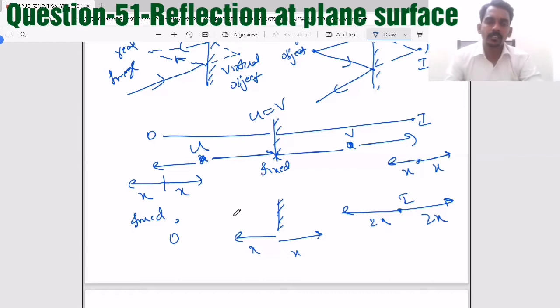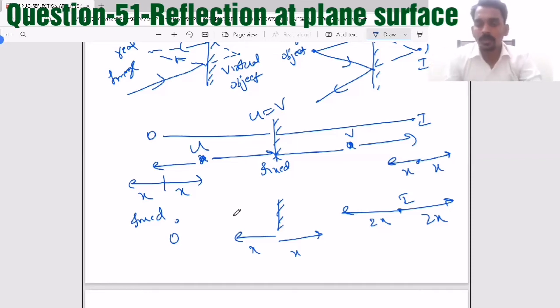So based on these things, the questions can be asked. See, it's very rare that a question is asked based only on reflection at a plane surface most of the time. But when you study this reflection of light at a plane surface, you will understand the remaining things easily, how to apply the geometry in solving numericals and how to understand the object and image.